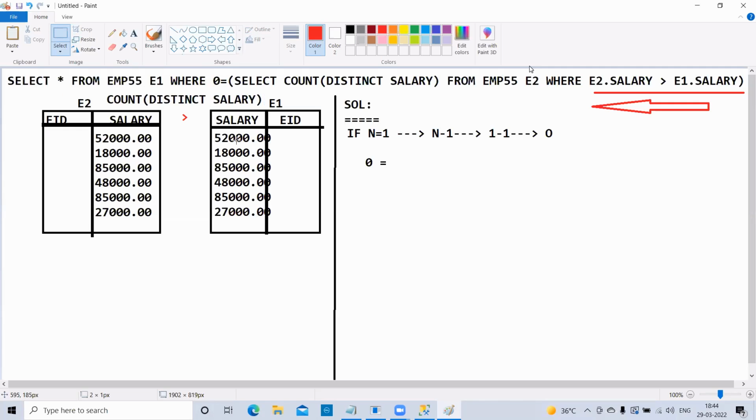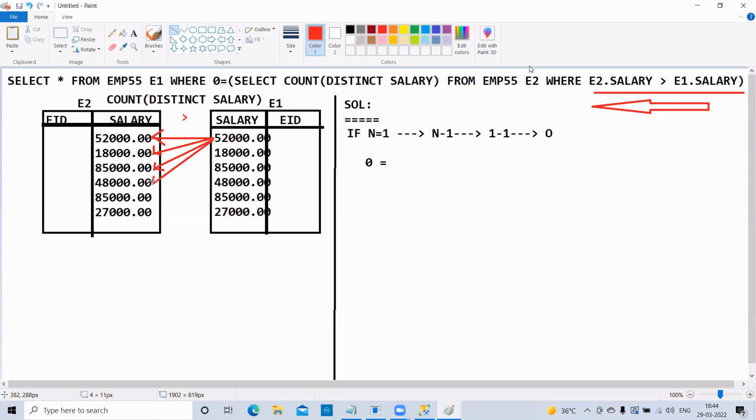The first is 52,000. Now I'm going to compare here. Observe the 52,000 when you compare E1 to E2. The comparison will start like this, same as a self-join. Each and every value you need to compare. So I'm going to compare each and every value with 52,000. The point is, 52,000 and above, how many salaries are there in my E2 alias table?